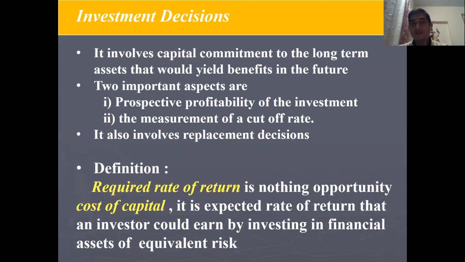It was not actually beneficial. So this required rate of return is the baseline, and we target a rate of return higher than this opportunity cost of capital. That is also called the cutoff rate. We'll discuss more in detail in the second unit.